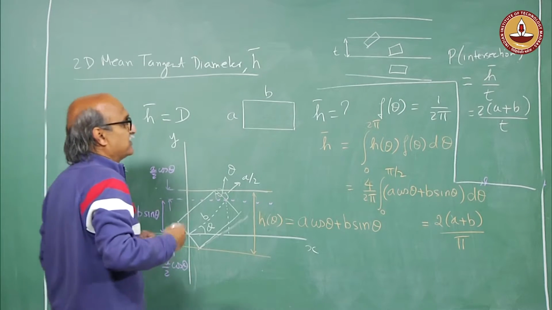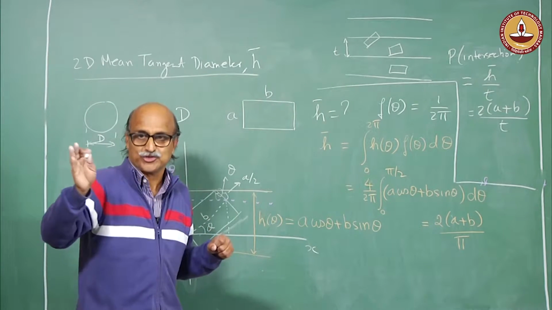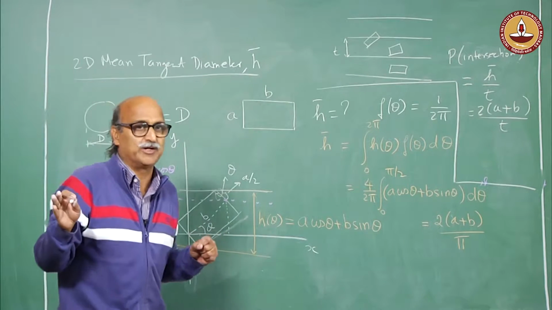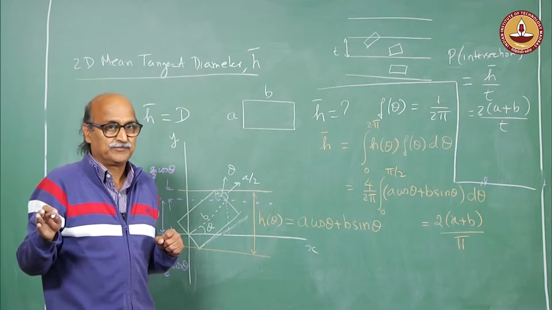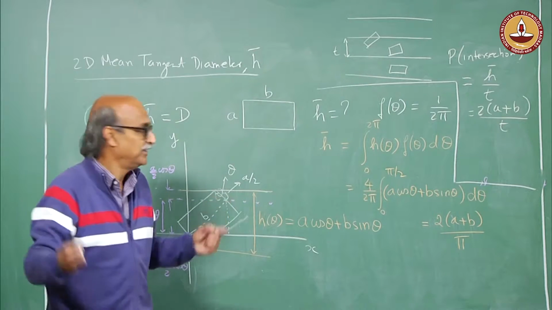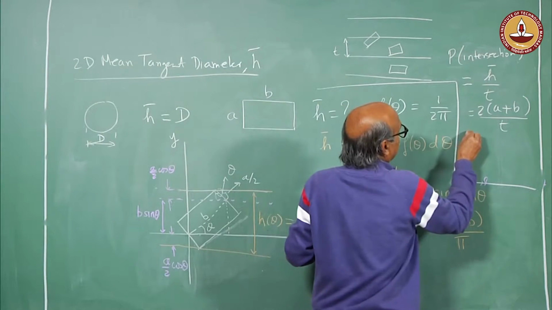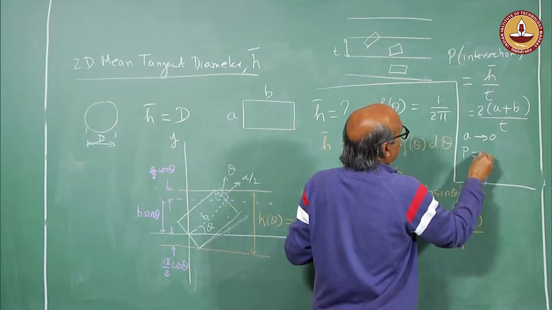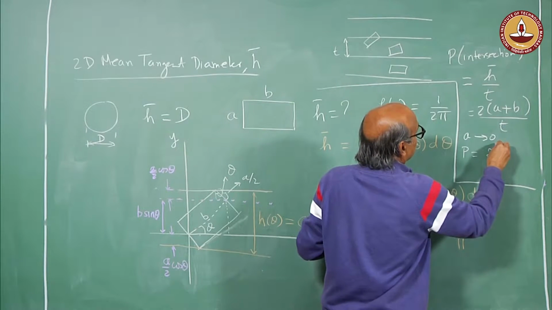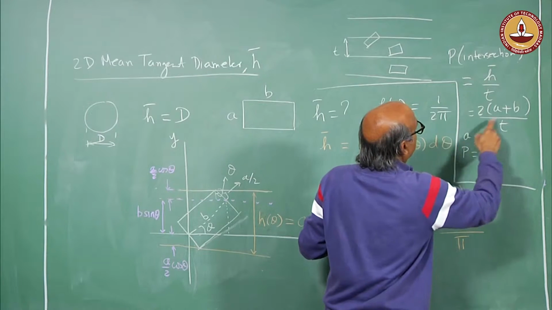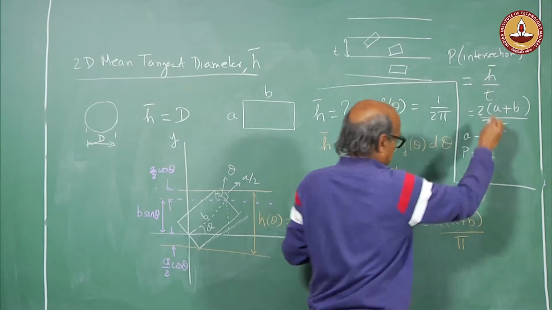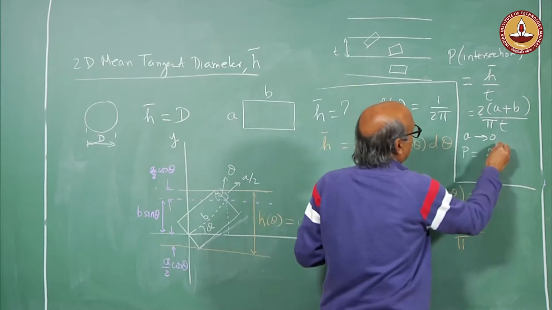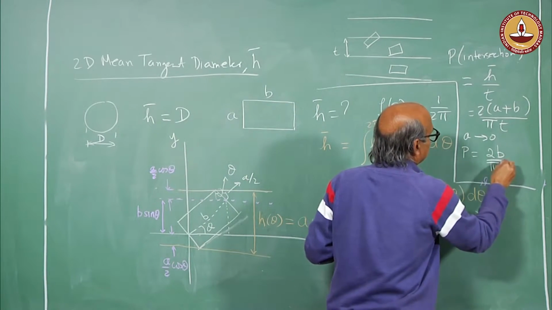Now, suppose I let a go to 0. What kind of an object will this become? This will become a line of length b. So, if I put a going to 0, my probability would become 2(a plus b) upon pi t, which will become 2b upon pi t.